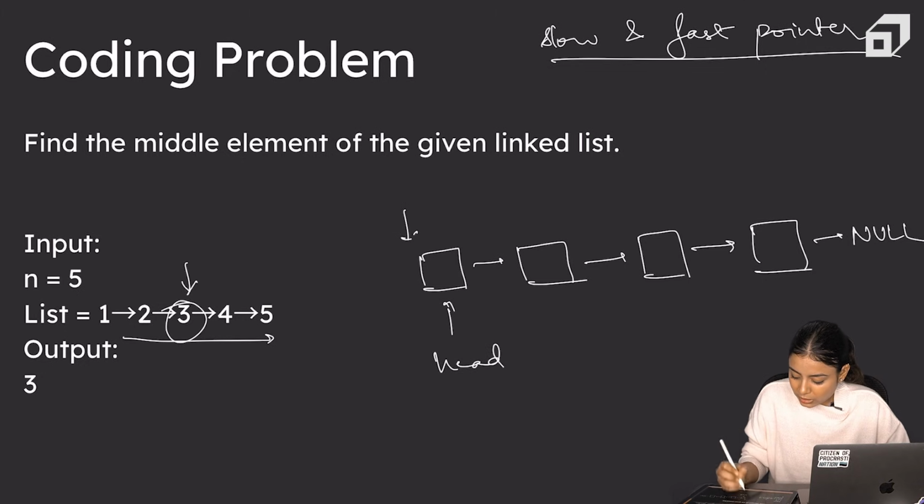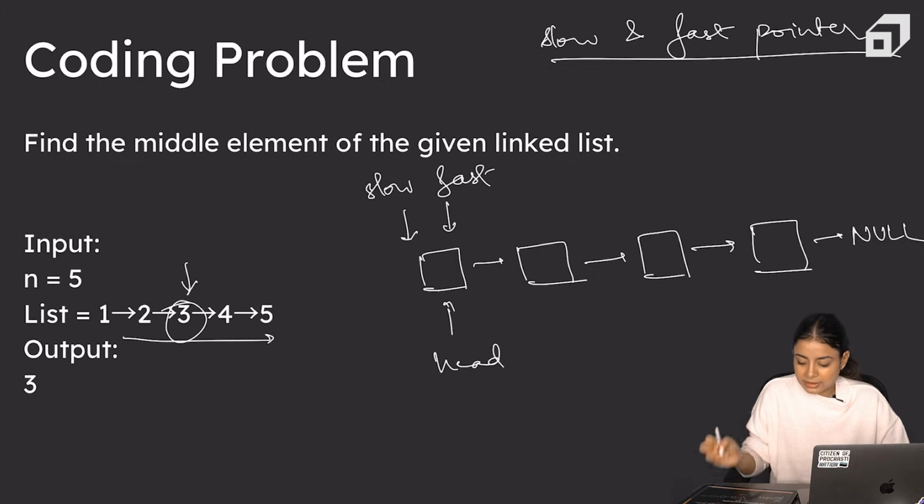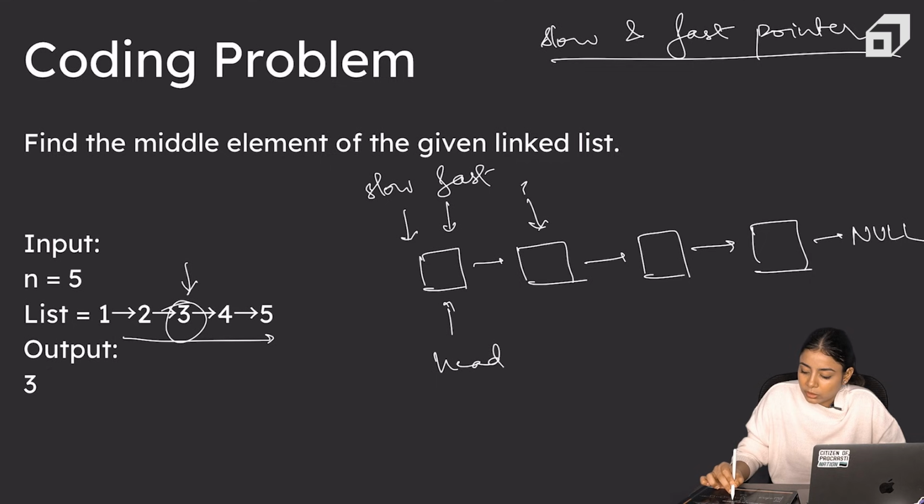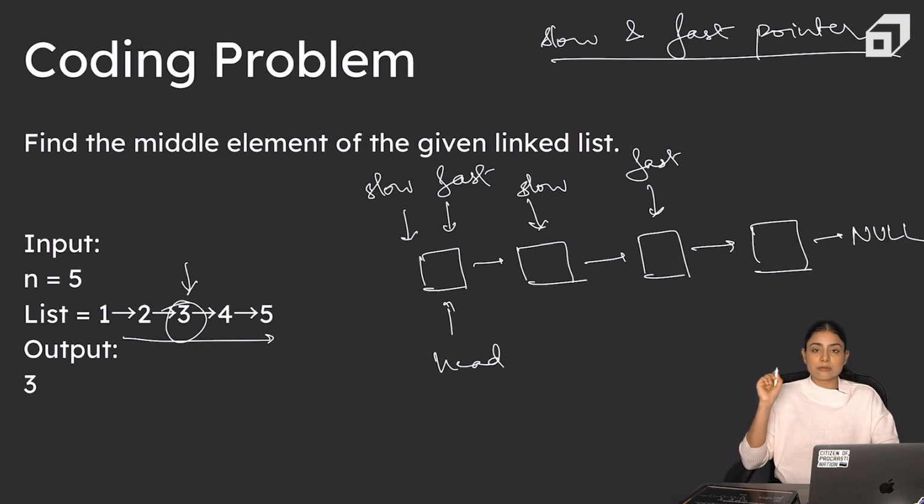What we do is we take 2 pointers. One is slow and one is fast. Now I am saying fast is moving at double the speed. That means if slow is moving by 1 node, then fast will move by 2 nodes. If slow pointer is moving by 1 node, fast will move ahead by 2 nodes.